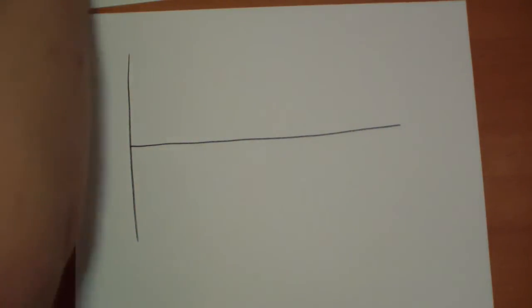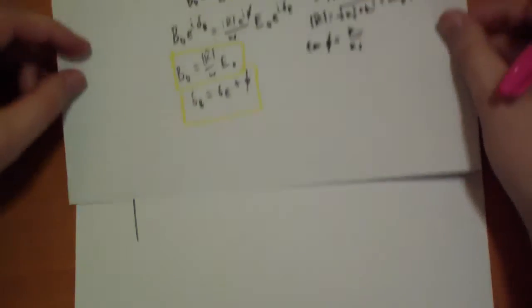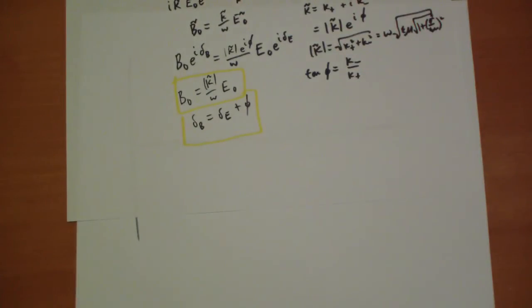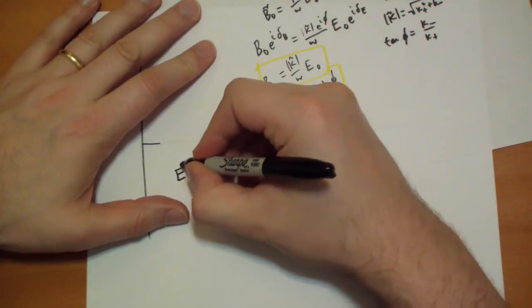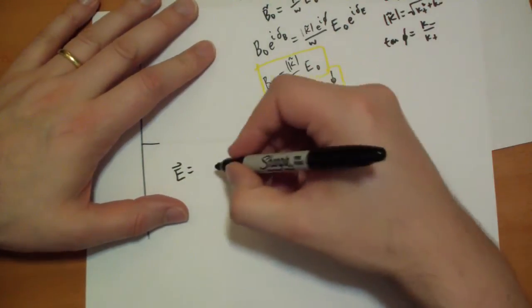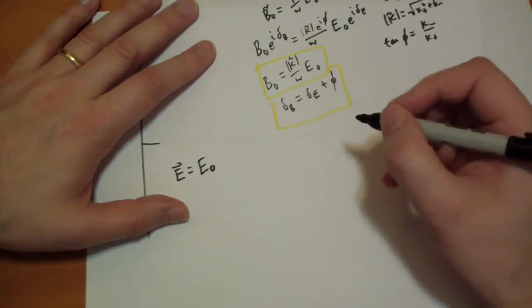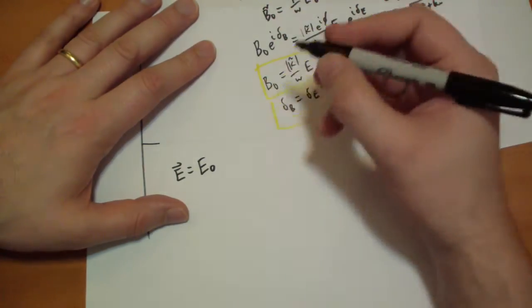And we're going to have our electric field and magnetic field. Let me write this out in its full glory here. So E vector is equal to E naught. Then we have the imaginary.